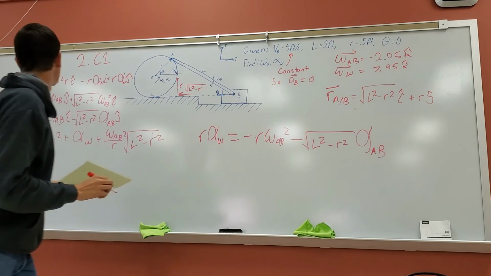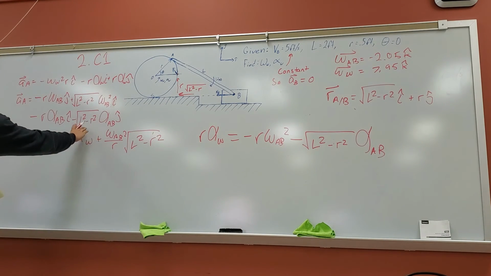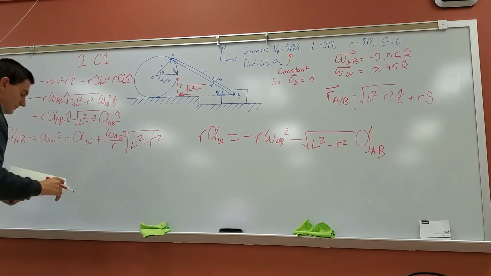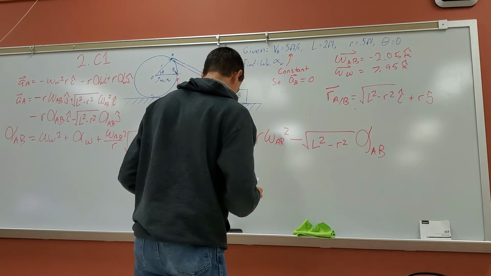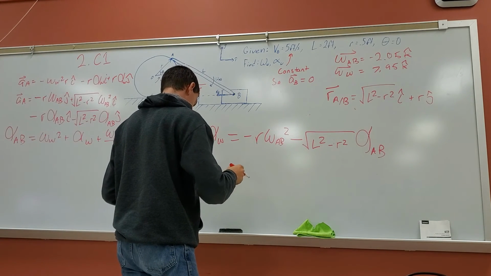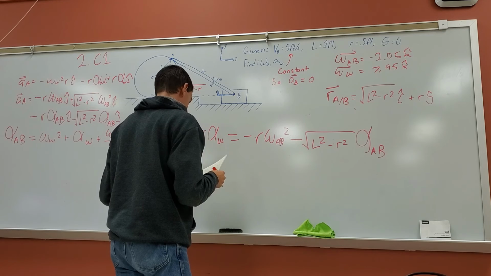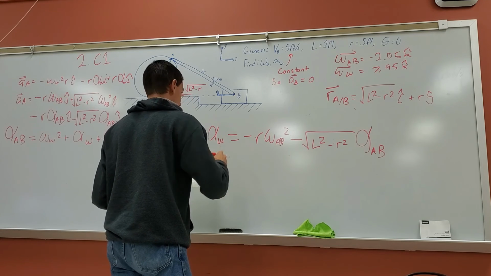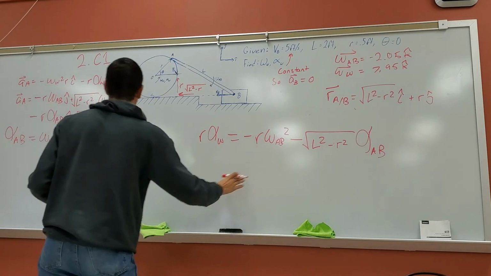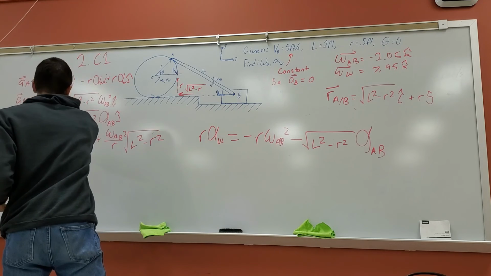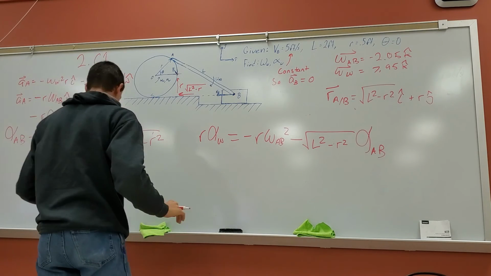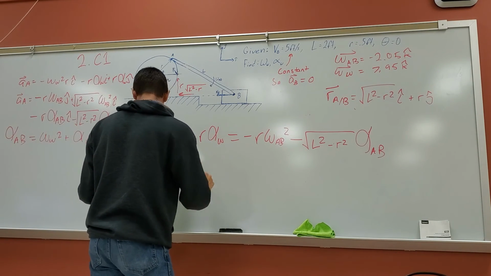Just make sure that that is correct. Yep, that's our J hat direction. And if you take this guy and sub in the angular acceleration of linkage AB from over here, you'll end up getting an equation that'll look a little bit like this.